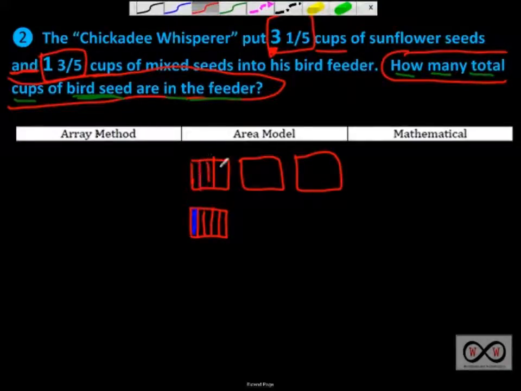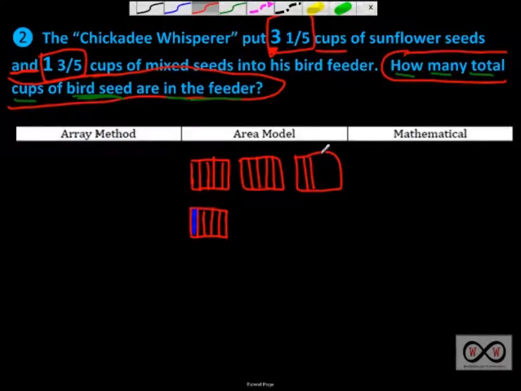1, 2, 3, 4, 5. 1, 2, 3, 4, 5. It's always good to double check your work. So you got those, and go ahead and draw those in. Take some time to do that, and if I'm moving too quickly for you, like I said before, pause the video if you need to.